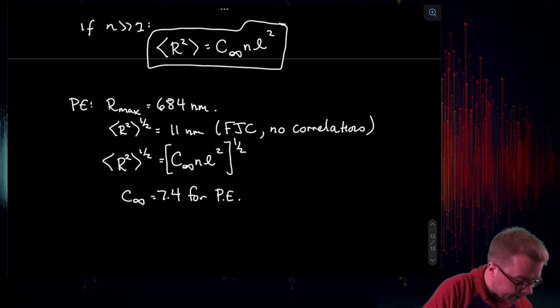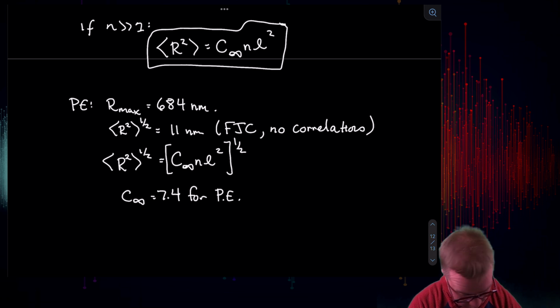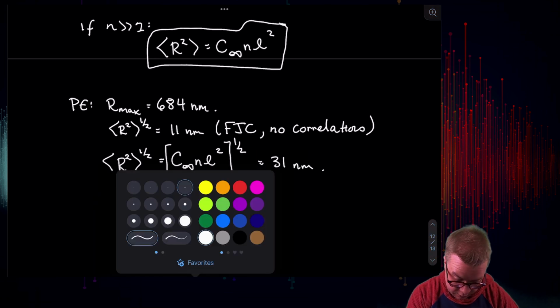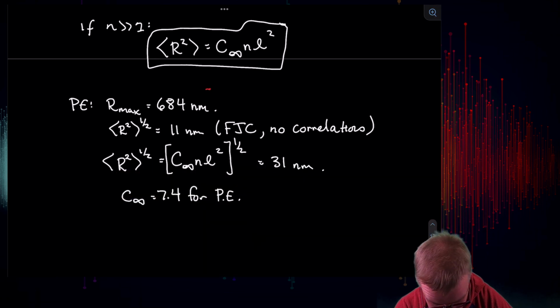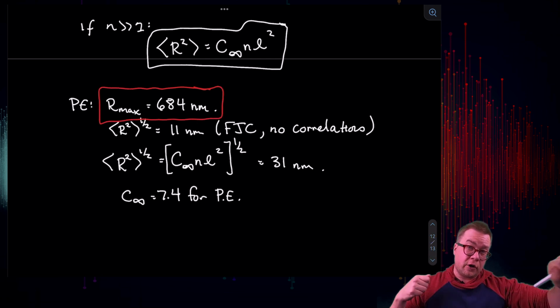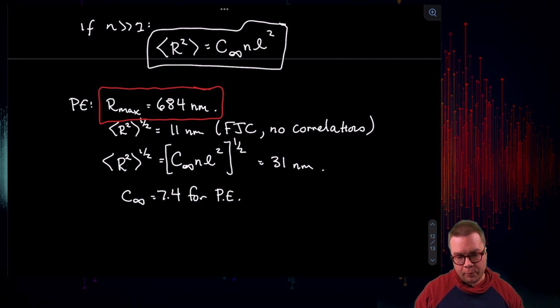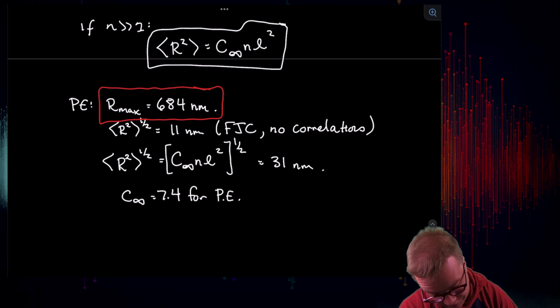And what we end up with is a size of 31 nanometers. Okay? So to summarize this, if you were to grab onto the polyethylene chain and pull it out as far as you could, you would get a length of 684 nanometers. When we put that on a surface and do AFM to try to figure out how big it is, we find out that that's not the case.